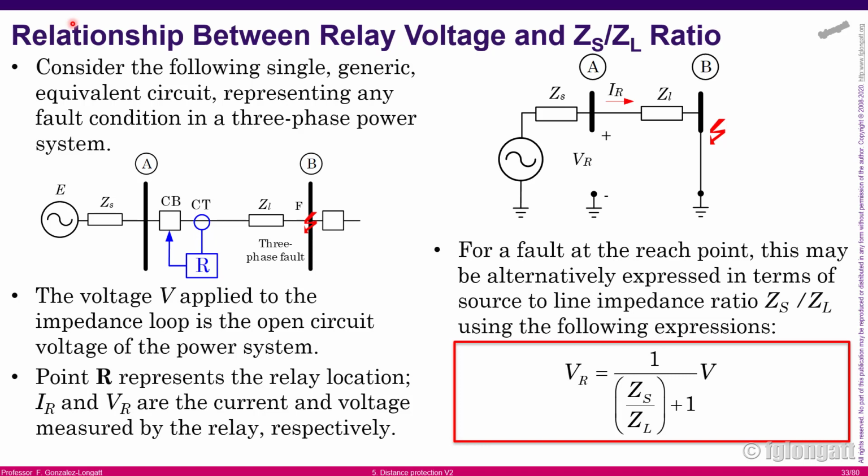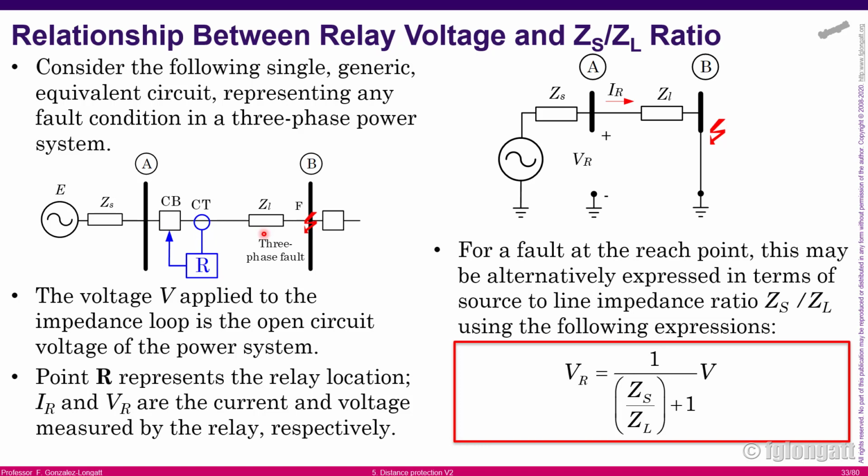What I'm trying to say is, let's consider this very basic example. We have bus bars A and B. There is a transmission line over there, you can see the impedance, and there is a relay over there. That relay has a current transformer and also a voltage transformer.